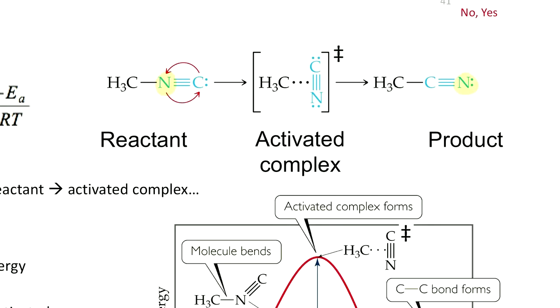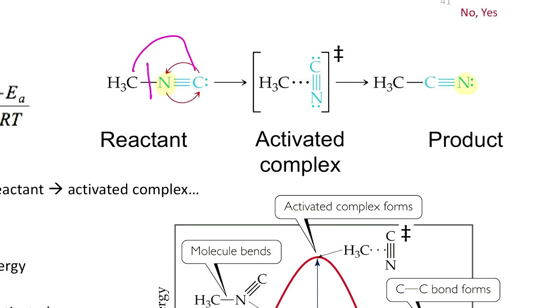When we think about how we go from reactant to product, if we were doing bond enthalpies or something, in order to make that product, I have to break that carbon-nitrogen bond, but then I have to form a new carbon-carbon bond. I've got to break a bond and I've got to make a bond.